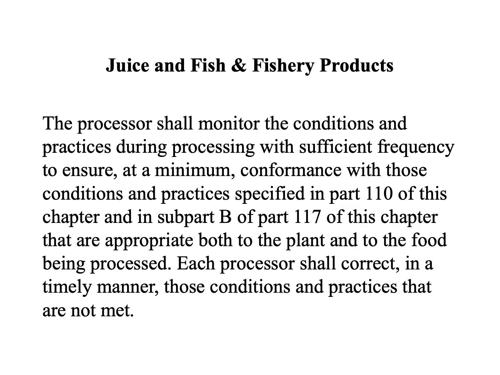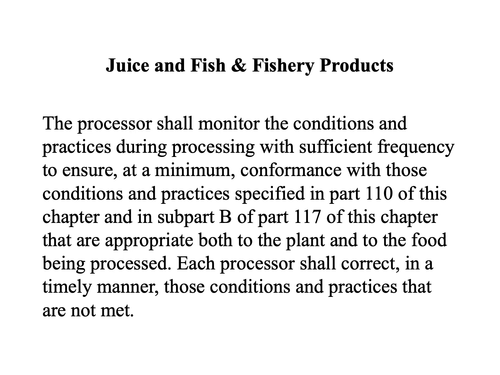So if I'm in the juice or the fish business and I process products, as a processor, I am required to monitor the conditions and practices during processing with sufficient frequency to ensure, at a minimum, conformance with those conditions and practices specified in Part 110 of this chapter and in Subpart B of 117 of this chapter. What chapter? Title 21.